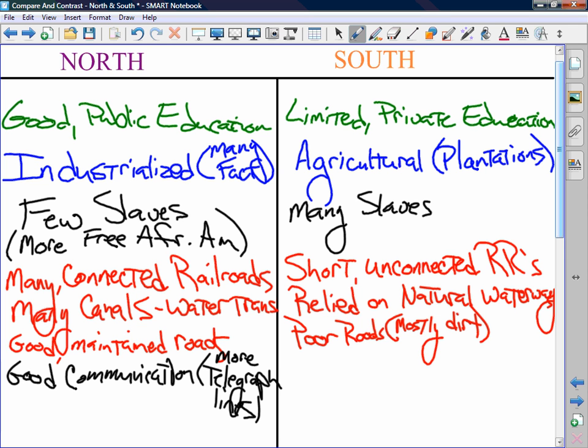There's a reason why the book told you about that in the section on the north. Because the south had poor communication. The south had poor communication.